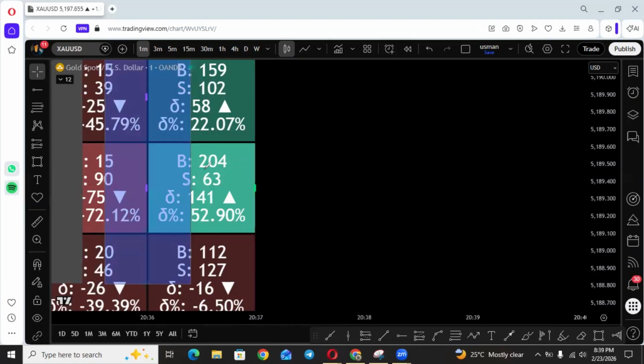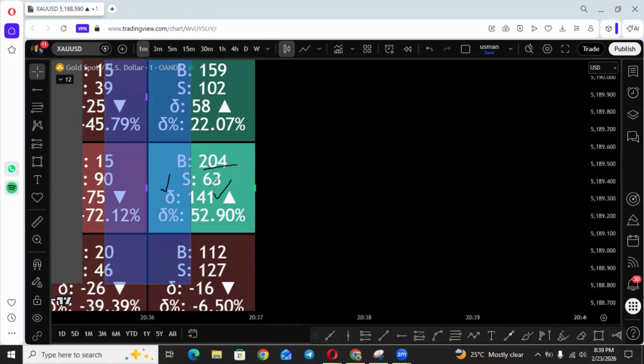Buyers were more. So this is the delta. Delta is the difference between buyers and sellers. If we do the math, 204 minus 63, we get the value of 141. So this is the delta, the difference between buyers and sellers at this price level.